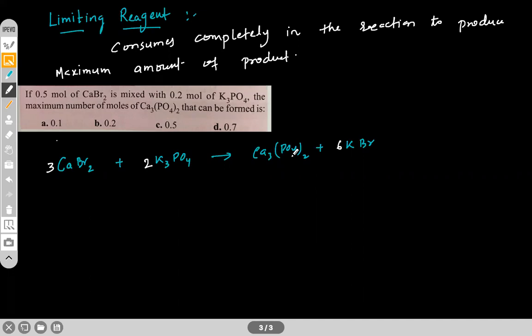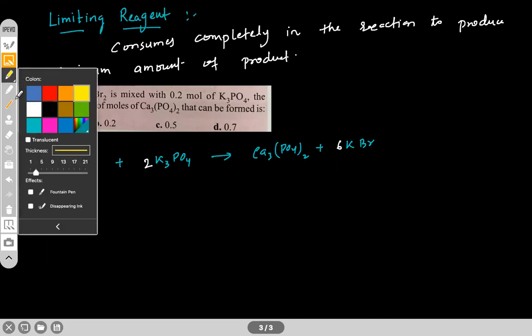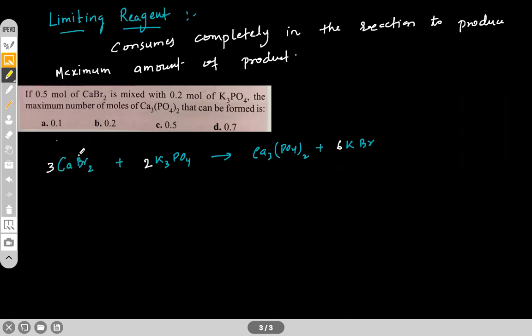It says 0.5 mole of CaBr2 is mixed with 0.2 mole of K3PO4. Like I told you already, the initial number of moles will be given. If you want to use the limiting reagent concept, the initial number of moles will be given in the question. So this one is given 0.5 mole and this one is given 0.2 mole.